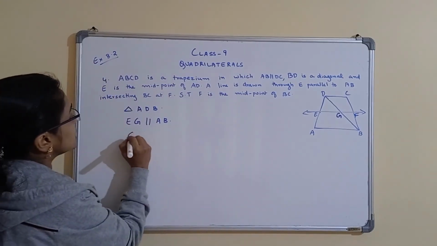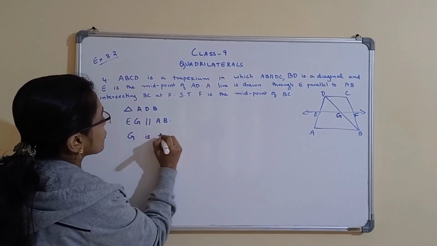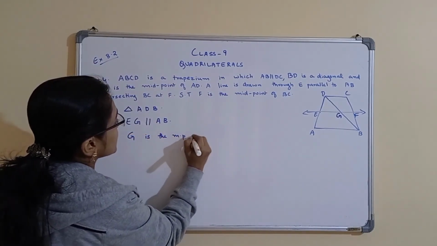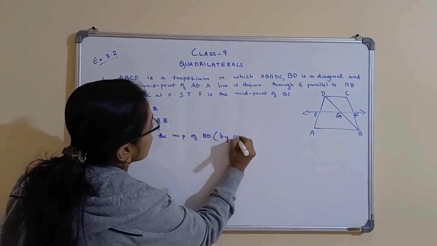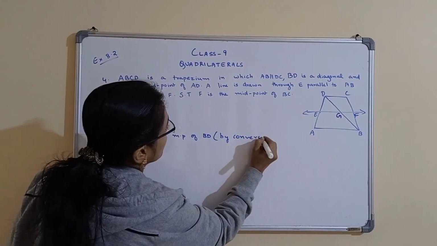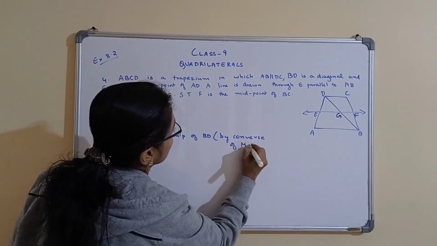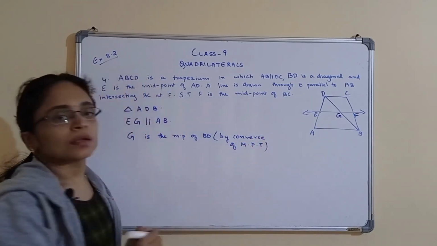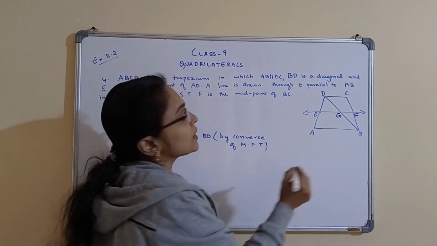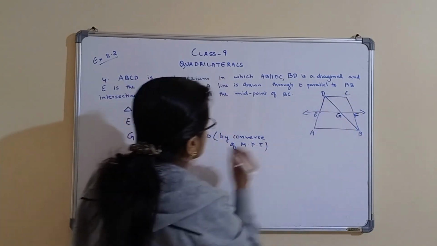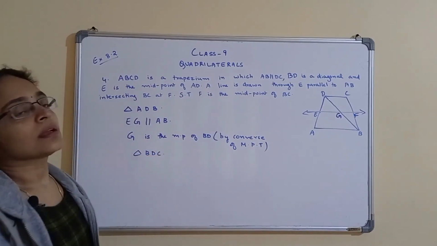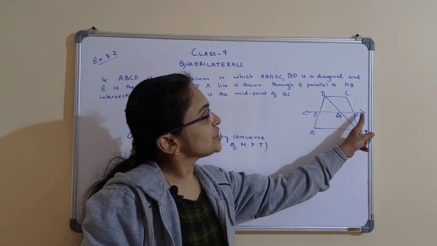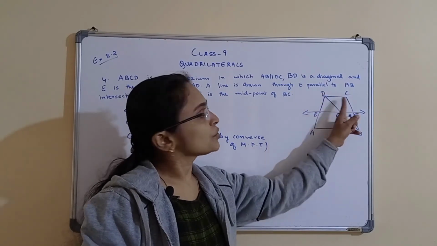So, G is the midpoint of BD by converse of midpoint theorem. Okay, now take this triangle BDC. Taking triangle BDC, this GF will be parallel to DC, right?